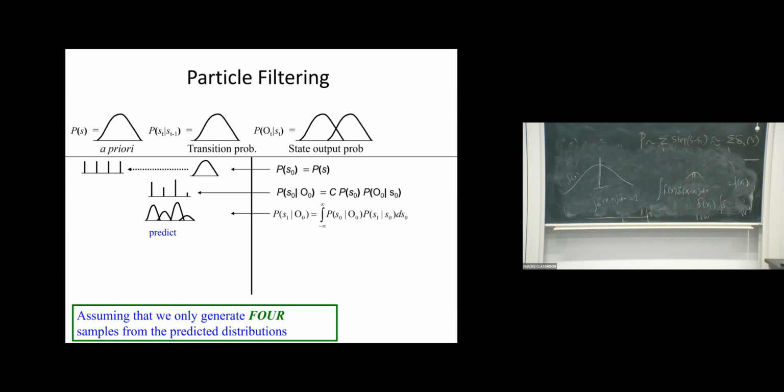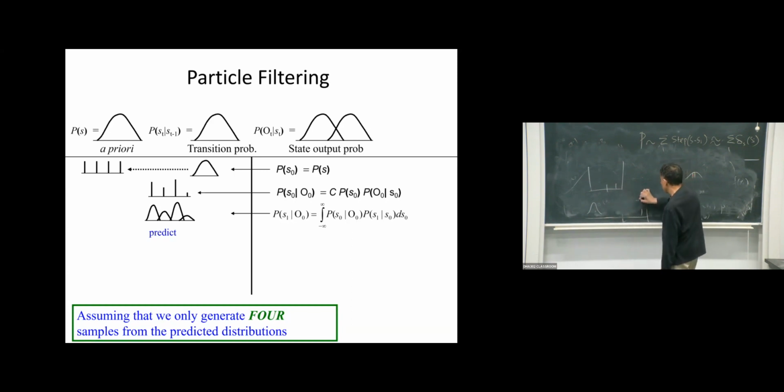Basically, if I have a mixture of 4 deltas of different heights, and then I multiply this distribution by, say, something of this kind, and then integrate it over x, the result is going to be basically this distribution positioned here, scaled by this height, plus this distribution positioned here scaled by this height, plus this distribution positioned here scaled by this height, plus this distribution positioned here scaled by this height.